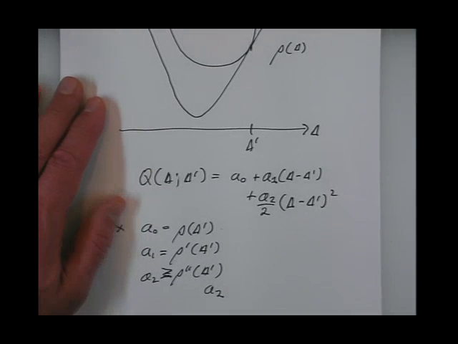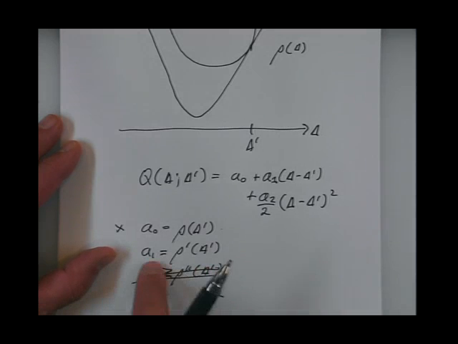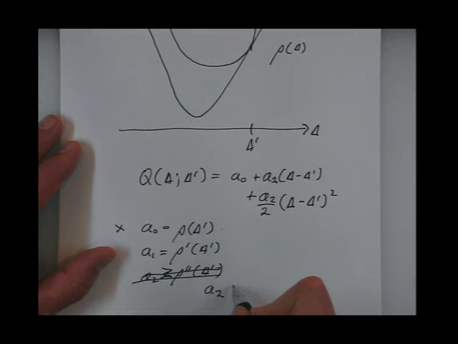This A2 is the hard part, by the way. A1 is really simple, I just set it to be the derivative. But A2 has to be greater than or equal to the maximum over delta of rho double prime of delta.